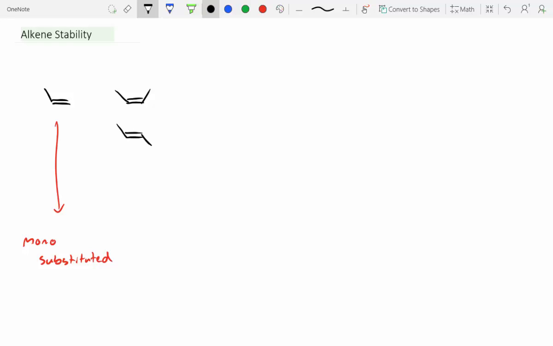Cis or trans. We've got the cis one on top, the trans one on the bottom. They're both disubstituted, right? So we could call these disubstituted. Additionally, we can go on and we can say there's also tri-substituted alkenes, and then there are tetra-substituted alkenes.